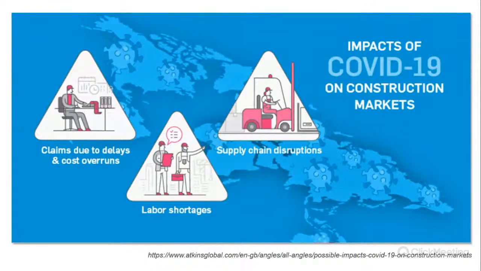Based on observed events in China and Europe, the US construction industry is predicted to experience similar difficulties with material supply chains distribution, labor shortages, and the citywide shutdowns of construction sites. So the question now is, how can we adapt to this new normal?